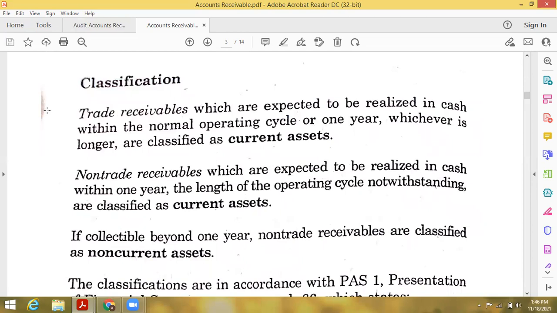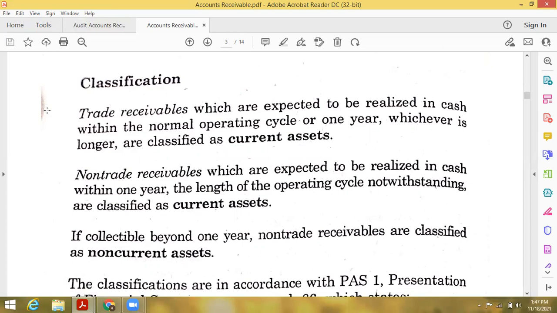The exception is notes receivable. If the term of the notes receivable is more than 1 year, it is non-current. But if it is 1 year or less, it is classified as a current asset.